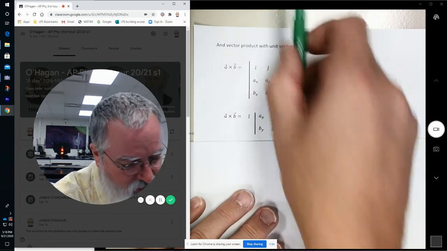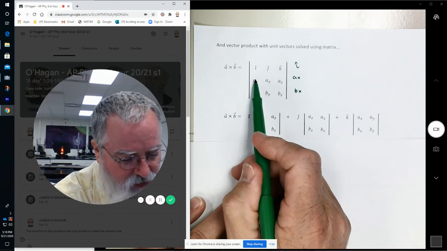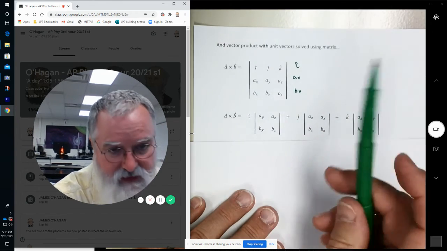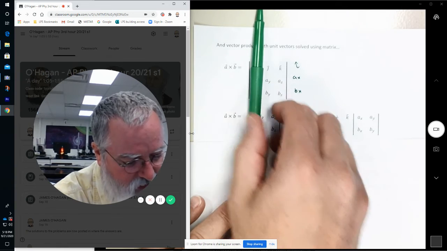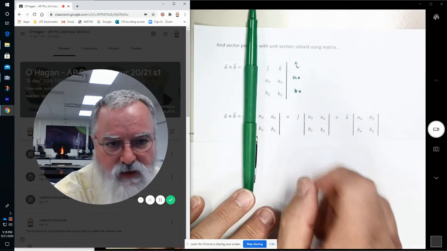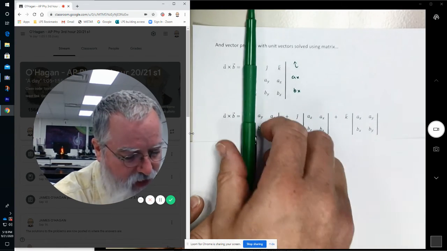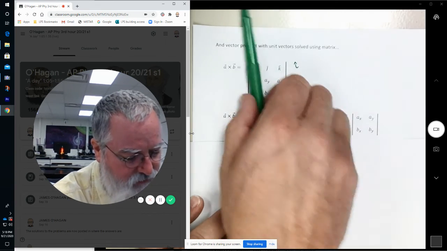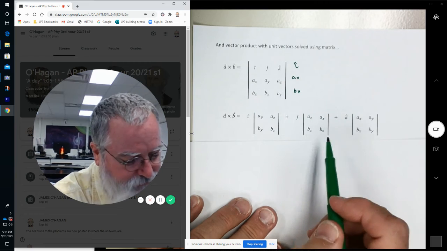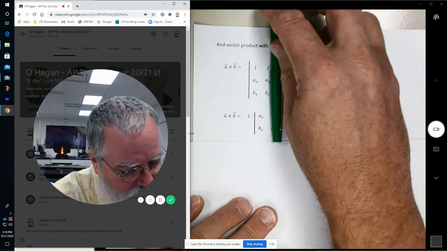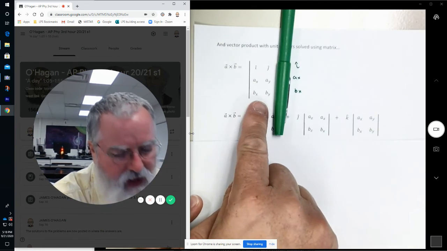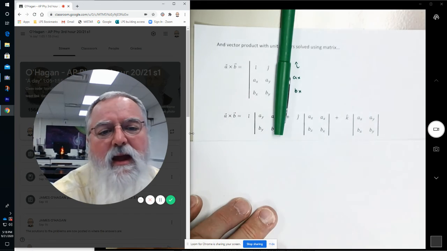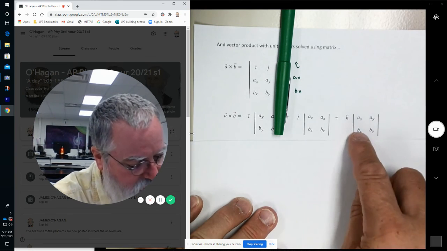It's arbitrary that we started with the I vector first. I could have written this exact same thing starting with the J vector first, and this would have been my matrix. So when I cover up the J part, I'm left with just this. That's how I get this one. For the K part, let's cover up the K, and we're back to just AX, BX, AY, BY.